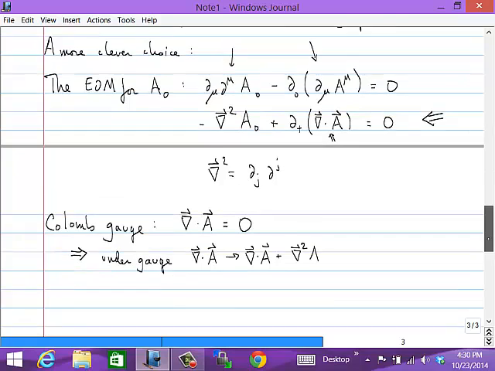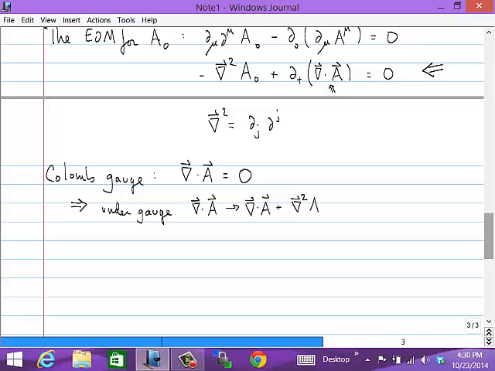So that means that if you want to set del dot A equal to 0, you just need to solve Laplace's equation, that del squared of lambda is equal to minus del dot A. Okay. So we can set this to 0 by choosing lambda such that grad squared of lambda is minus del dot A.